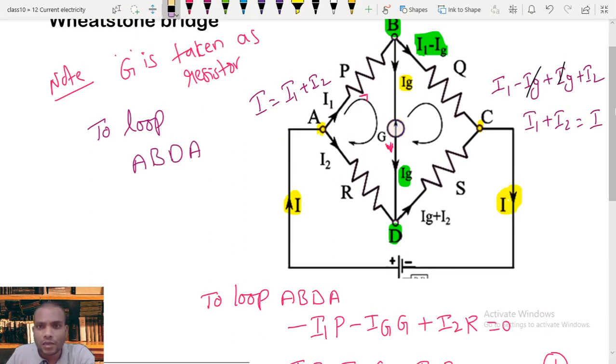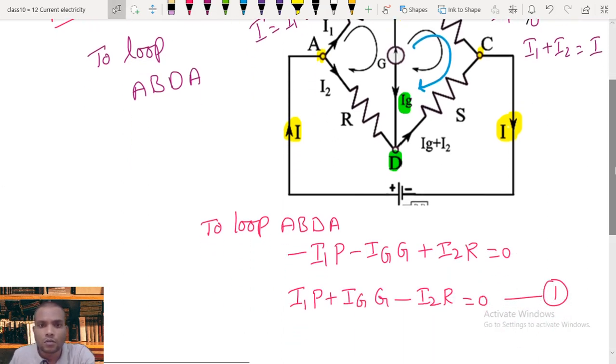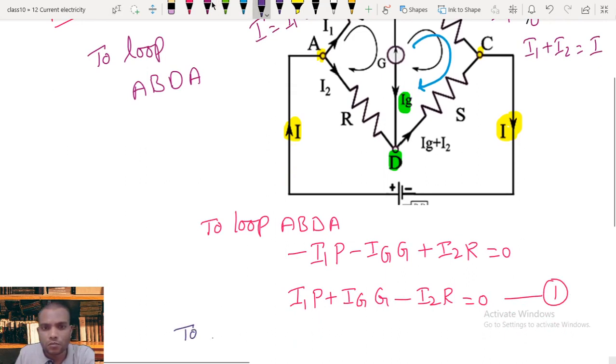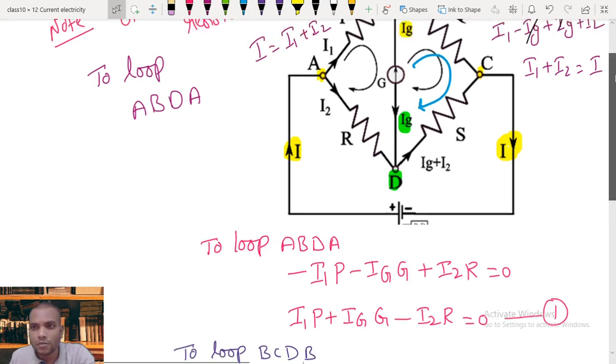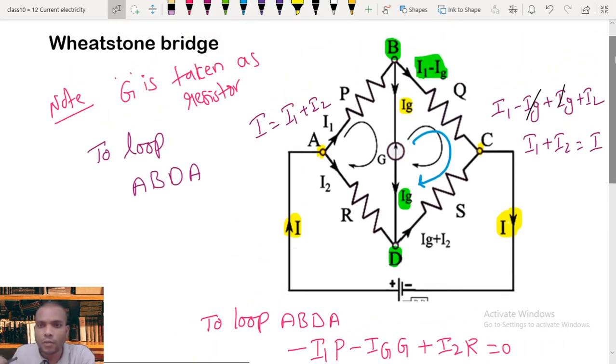Now suppose I apply the same Kirchhoff loop rule to the loop BCDB. This time also I would like to walk in the loop along the clockwise direction.